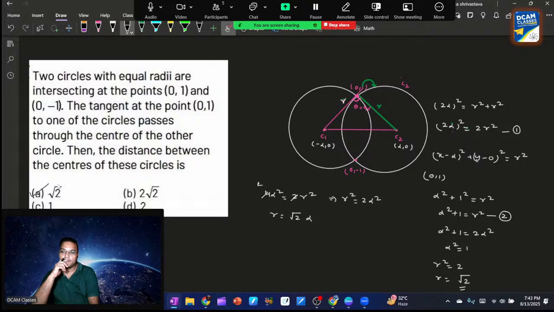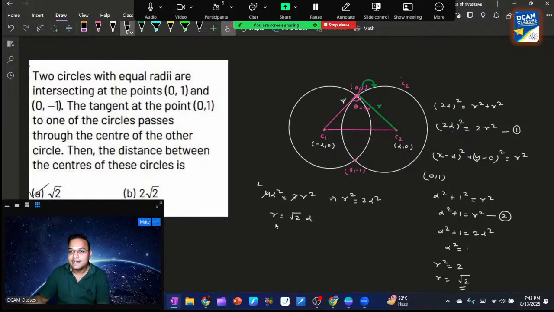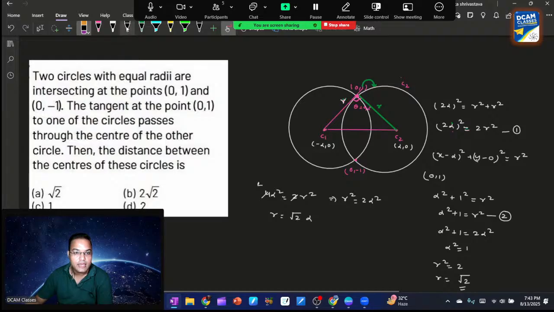Sir, you found out the radius. They've asked C1, C2, the distance between the centers. Then I got the answer wrong. C1, C2 we can find easily now. C1, C2 is what? 2 alpha.